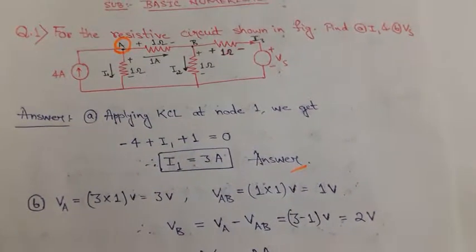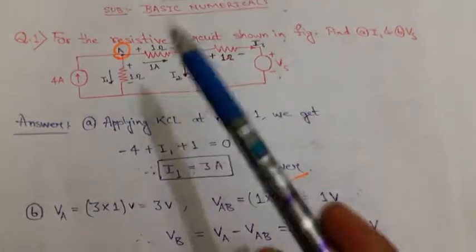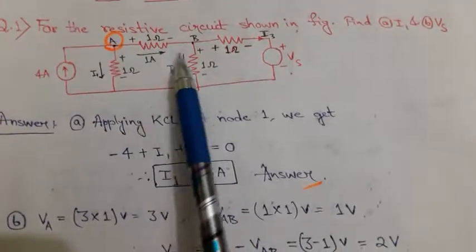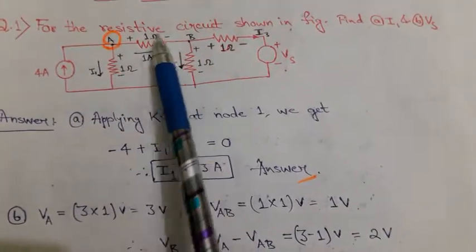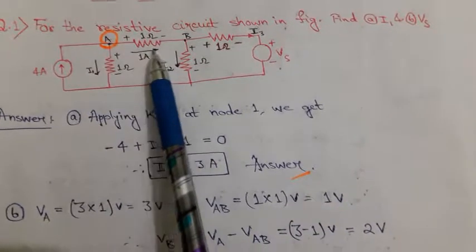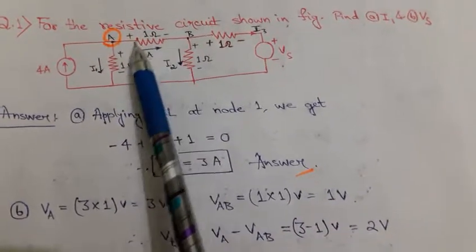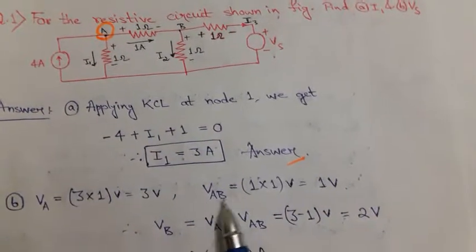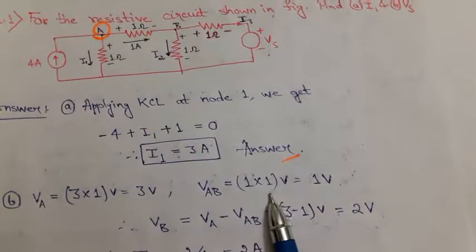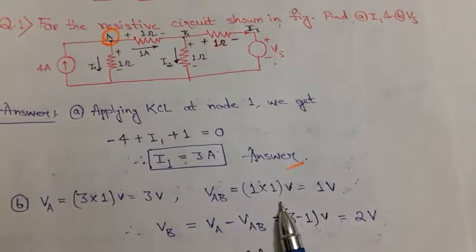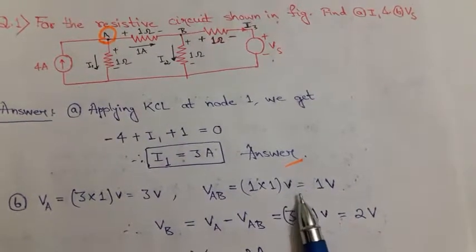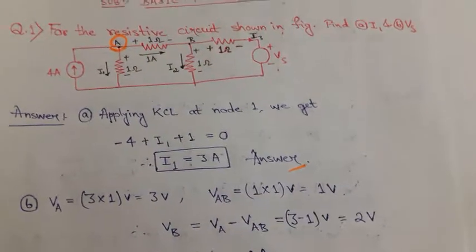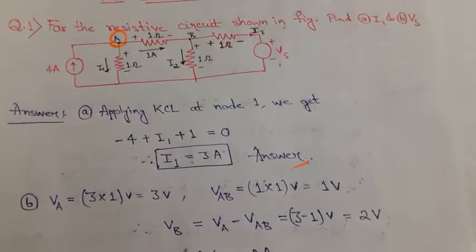Now what is the value of VB? Here, 1 ampere current is flowing through the 1 ohm resistor. So the voltage drop across this 1 ohm resistor is nothing but the VAB. So VAB is equal to 1 ampere current into 1 ohm of resistor, so it is 1 into 1, that is 1 volt. Now you can find VB.